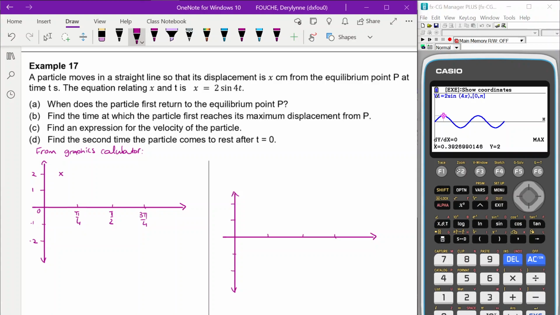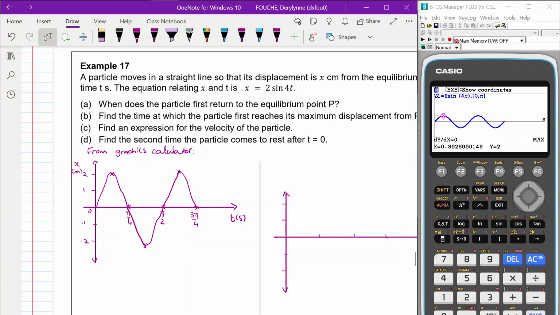So we're going to have something happening there, something happening there. We know that a sine curve is a symmetrical function, so halfway between all of these values on the x-axis is where we're going to have our maxes and our mins. And we're going to sketch a nice clean curve, as symmetrical as you can through there. We know that that's time in seconds and that is in centimeters.